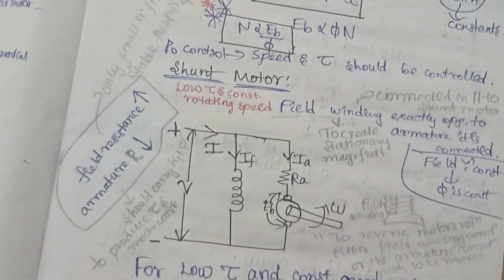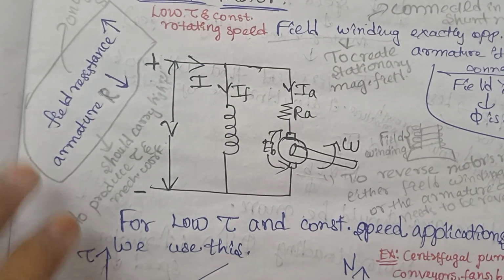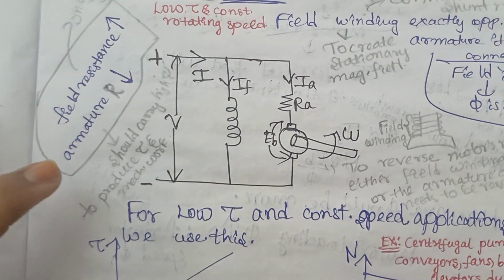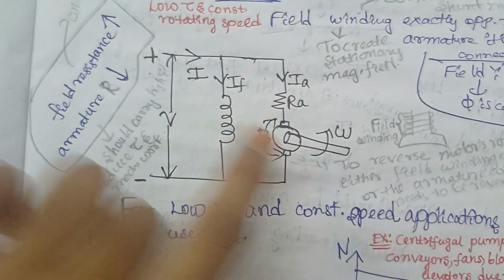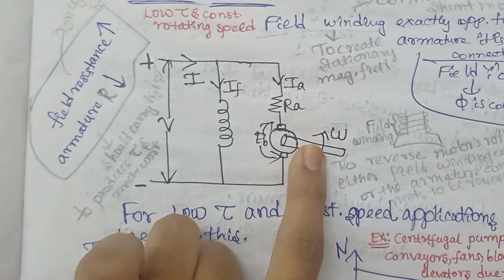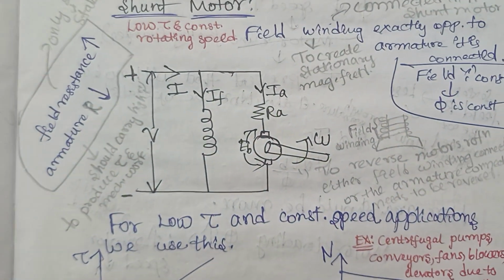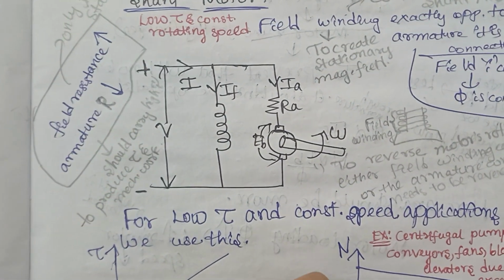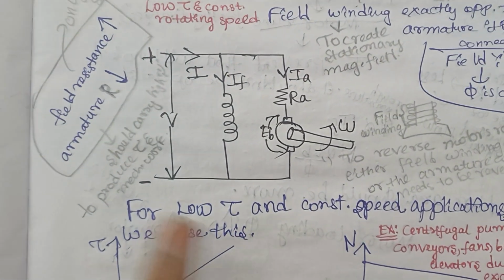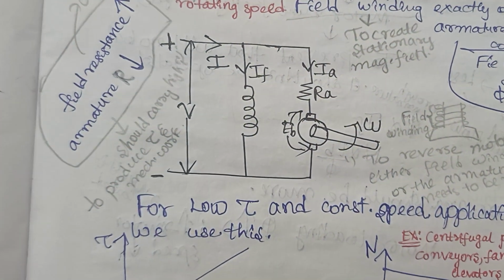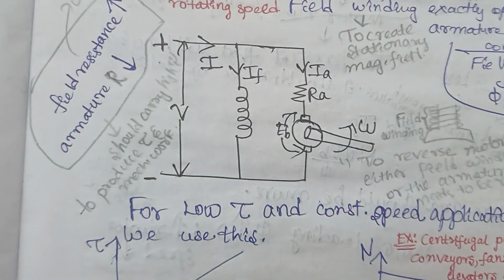Because of that reason, your field resistance should be greater and your armature resistance should be lower, because through your armature more current should flow, because this more current will produce greater torque, right? And whenever your torque is greater, it will do some mechanical work.